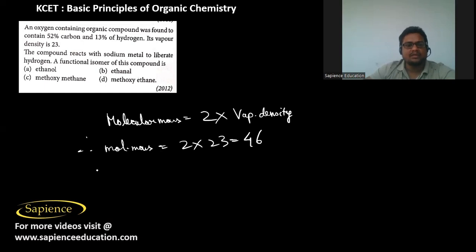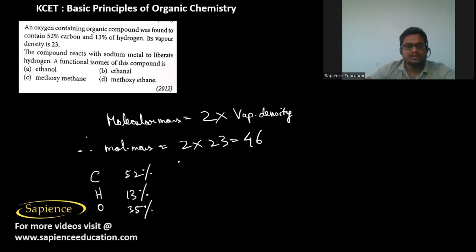So the organic compound contains carbon, hydrogen, and oxygen. Here carbon is present 52%, hydrogen is present 13%. Therefore, oxygen should be present 100 minus 65, so it will be 35. 35% oxygen is present in that organic compound.